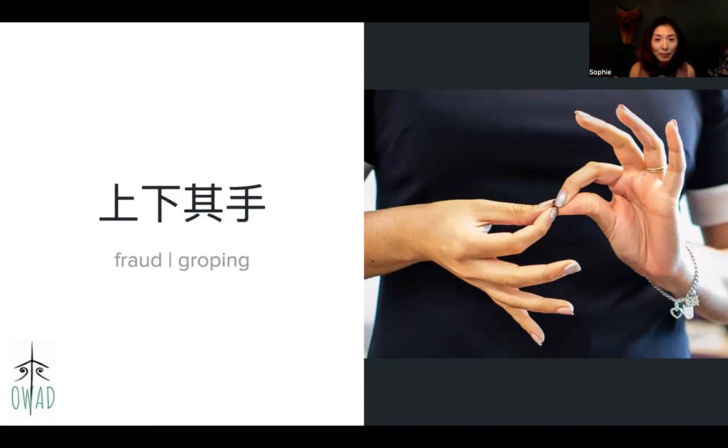And eventually, 上下其手. Then, to simplify, Chinese language users after, I don't know, 30 years of opening up and this media entertainment, became accustomed to that groping sense, and it became the dominant meaning.